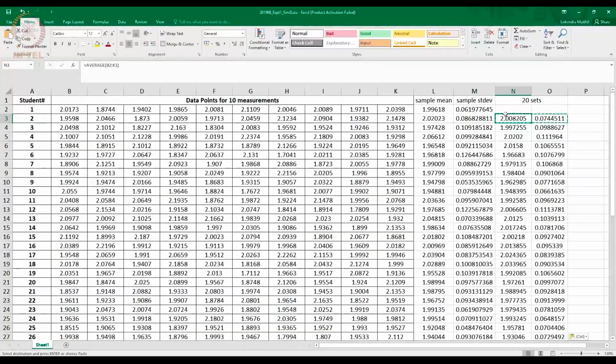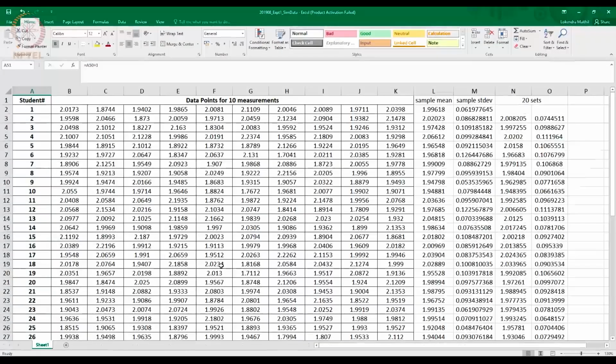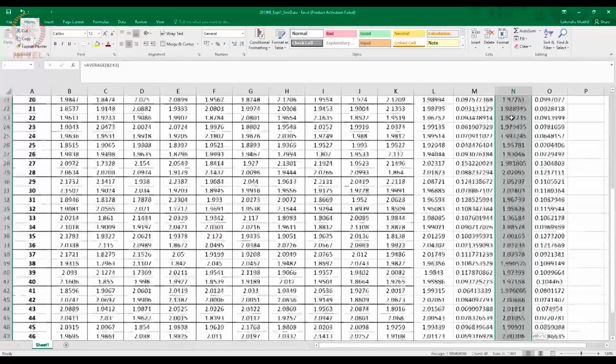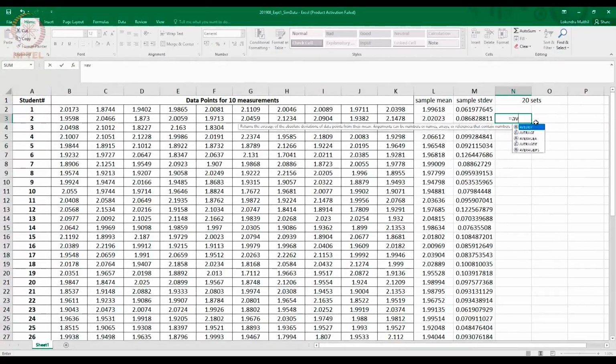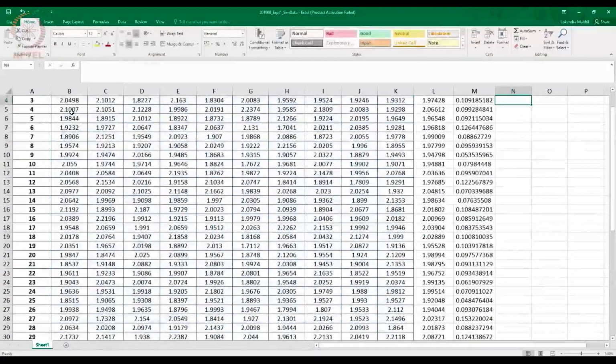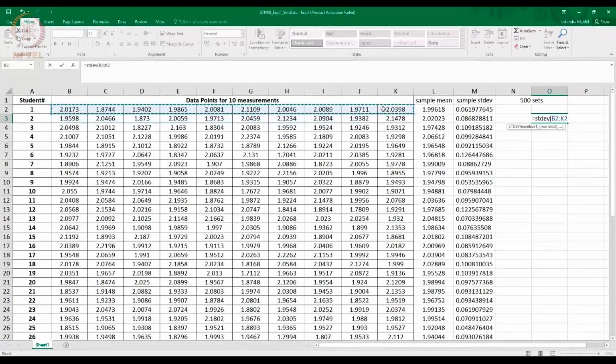So instead of taking 10 data sets at a time, we have 50 students in this example, and each student has 10 measurements. So why don't we take all the 500 data points at the same time? So I am going to say average of all these cells and standard deviation of all these cells.